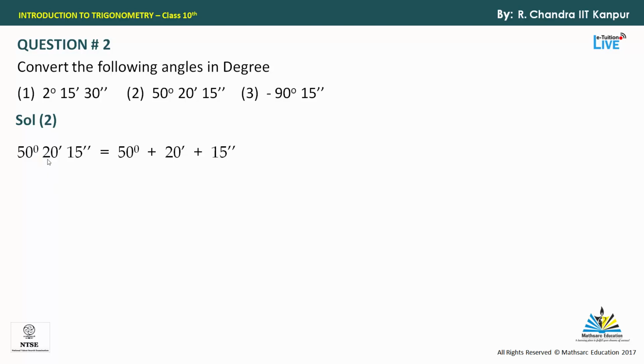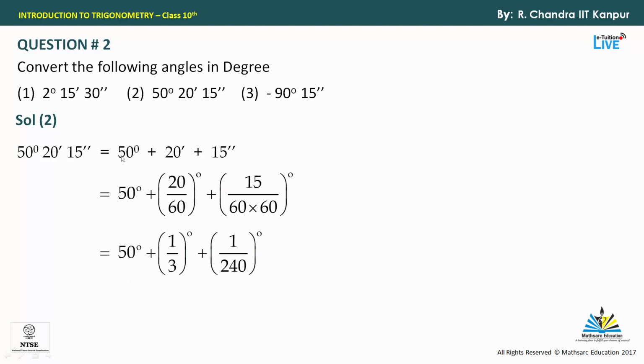Here we have 50 degrees, 20 minutes and 15 seconds. And we write this as 50 degrees plus 20 minutes plus 15 seconds. So this is already in degrees, so we need not convert it. And here is the 20 minutes. So now this becomes the angle in degrees. Now we need to simplify this.